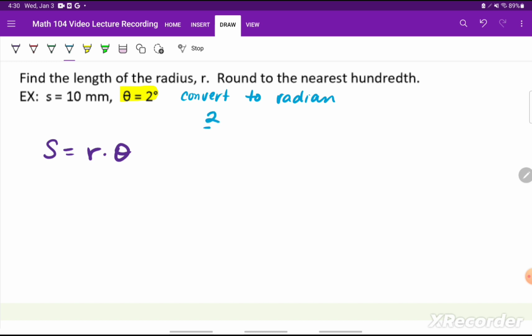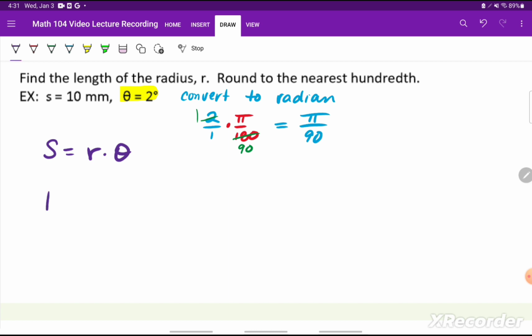We're going to take this 2 degrees and multiply it by pi over 180. We can do some simplifying first. And 2 degrees is the same as pi over 90 radian. And now we have what we need to plug in.